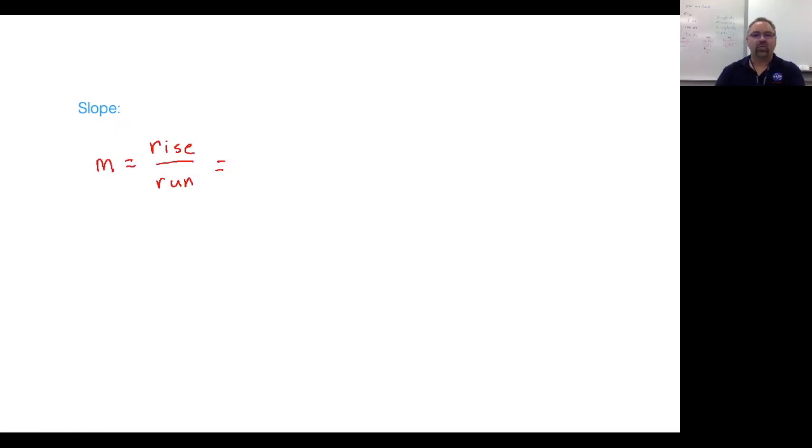Then usually some kid will remember that we had a formula for it. We say, hey, it's y2 minus y1 over x2 minus x1. That's exactly right. I would ask that maybe we also remember that there's a symbol for that difference in y and the difference in x. That triangle is actually the Greek letter delta.